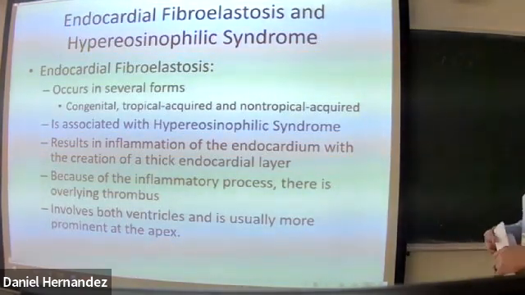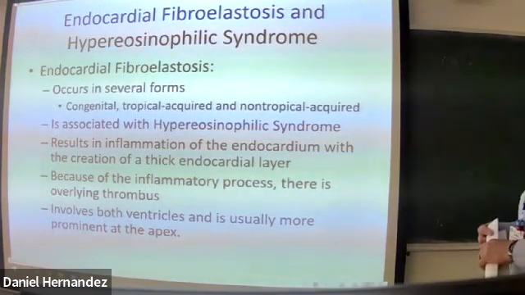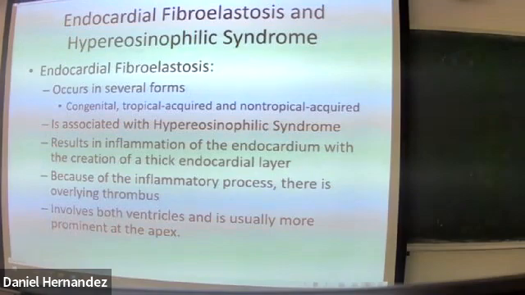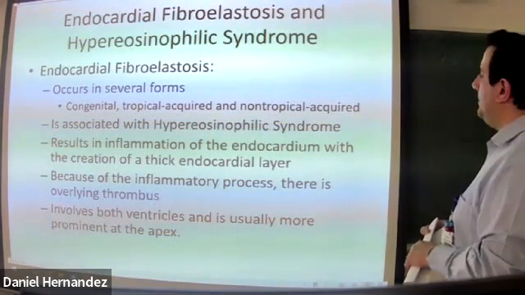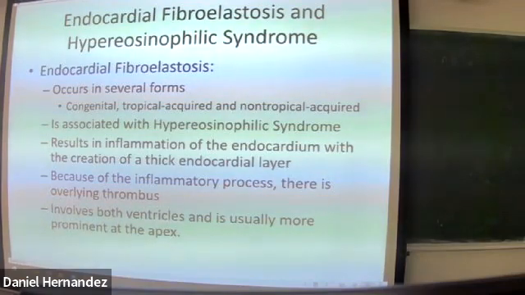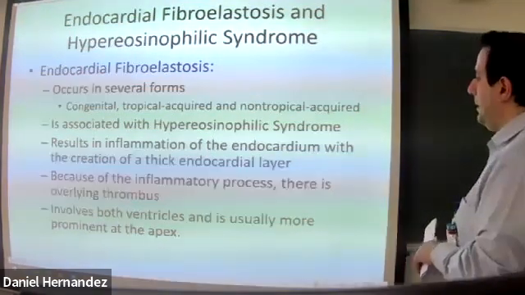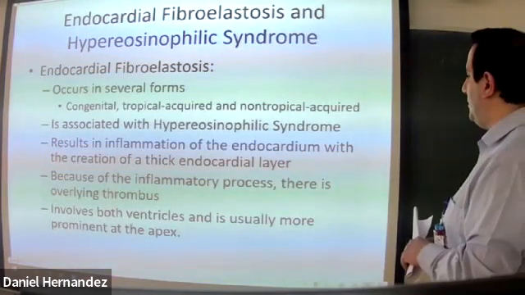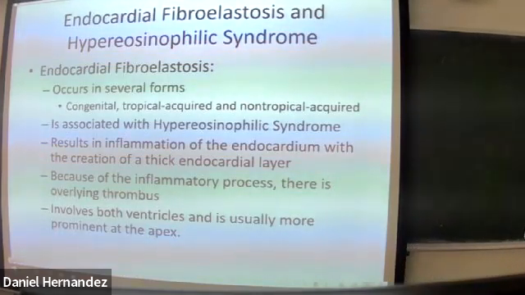It can be congenital or tropical acquired or non-tropical acquired. It's associated with hypereosinophilic syndrome. So this results in an inflammation of the endocardium with the creation of a thick endocardial layer. Because this is an inflammatory process, there's usually overlying thrombus.